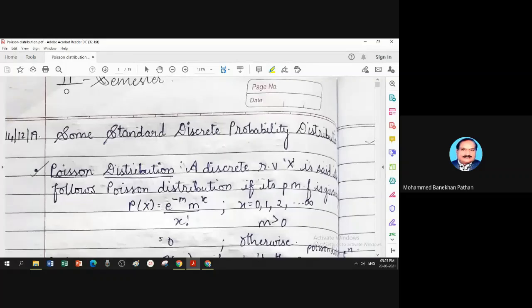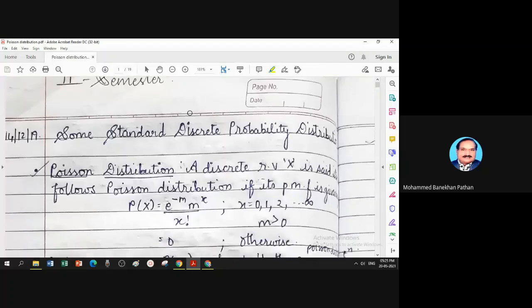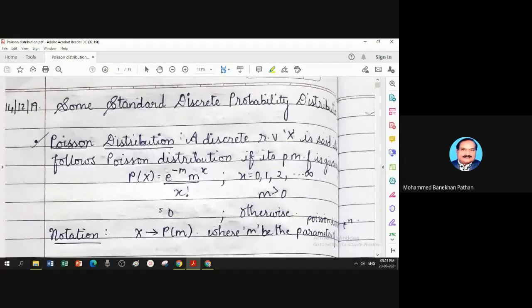Whereas in semester 2, I will teach 2 more distributions under the heading of Poisson and geometric. The range of random variable is infinite. That is a basic difference between semester 1 distribution and semester 2 distributions.